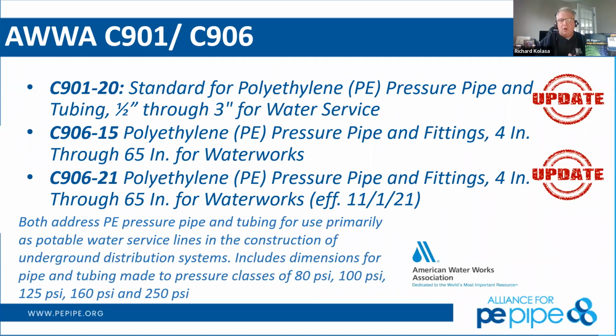So we do not want to have any failures based on the potential, and I say potential, of poor manufacturing below min wall. That's why we're moving it up to DR9, which will give you that built-in safety factor to give you long service lives greater than 100-year under normal operating conditions. Next slide.